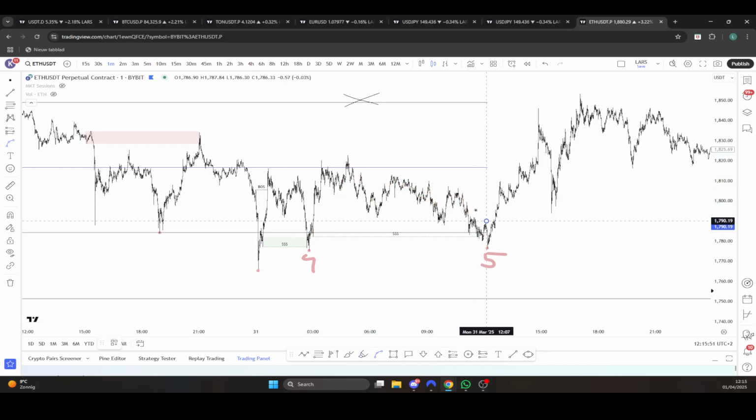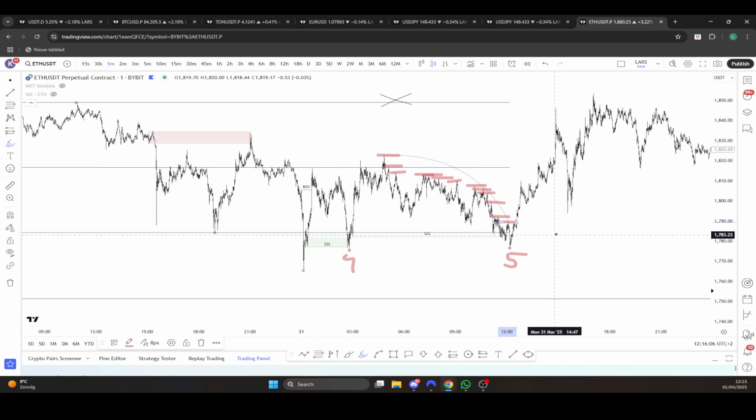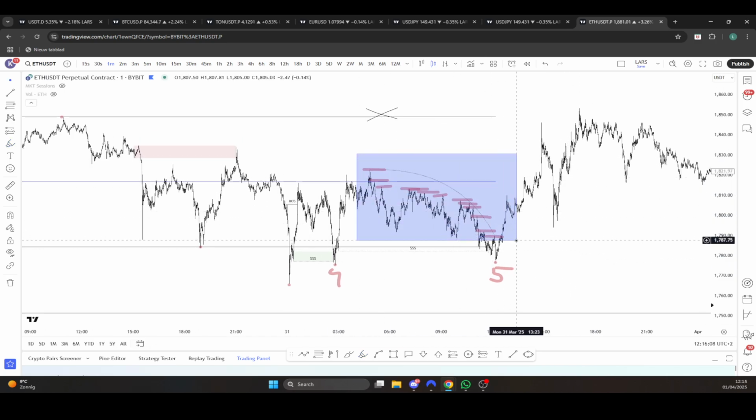Creating that liquidity curve that we so much desire, where all these lower highs are stacking up to be lower highs compared to the previous one, with no resistance in between, just lower highs, and lower highs. Okay? That is the high probability aspect.